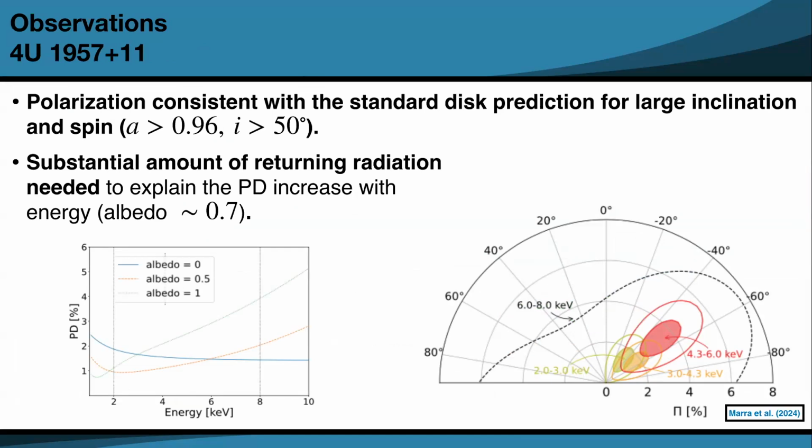Basically there is a slight misalignment between the polarization angle in the first energy bin and in the following ones. That goes in the direction we want, because it suggests that the swing happens right at 2 keV or slightly below, and thus we are not observing it. But it has very low statistical significance.